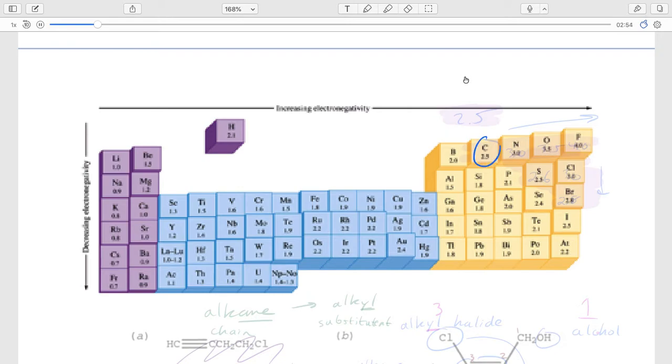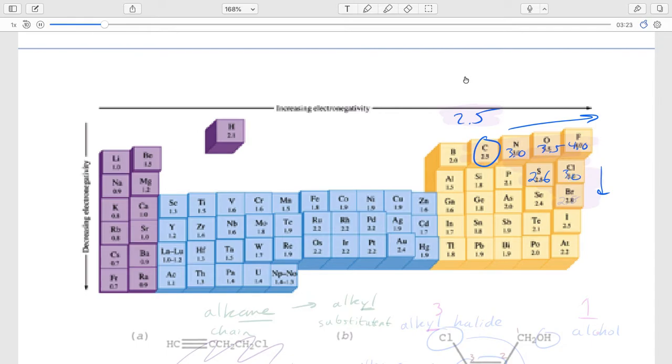I can see it sort of out here. So you see carbon here is 2.5. And then going all the way to the right up to fluorine and down to bromine, you can see nitrogen, I'll write it in here, 3.0, oxygen 3.5, fluorine 4.0. Sulfur is 2.6. Chlorine is 3.0.